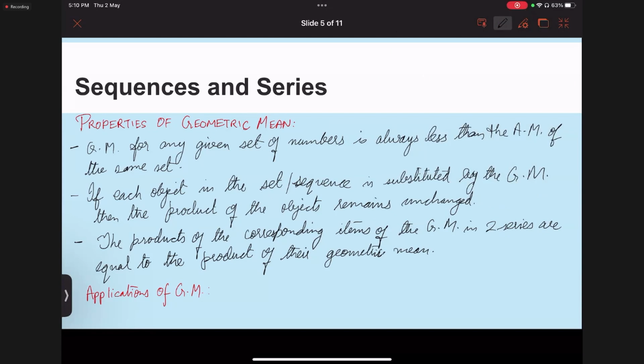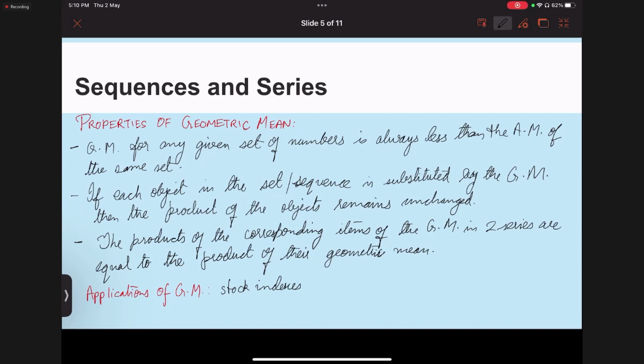So usually it is used in stock indexes. In your stock market, it is mostly used in stock indexes and the financial market. Different kinds of applications are seen in the financial market.